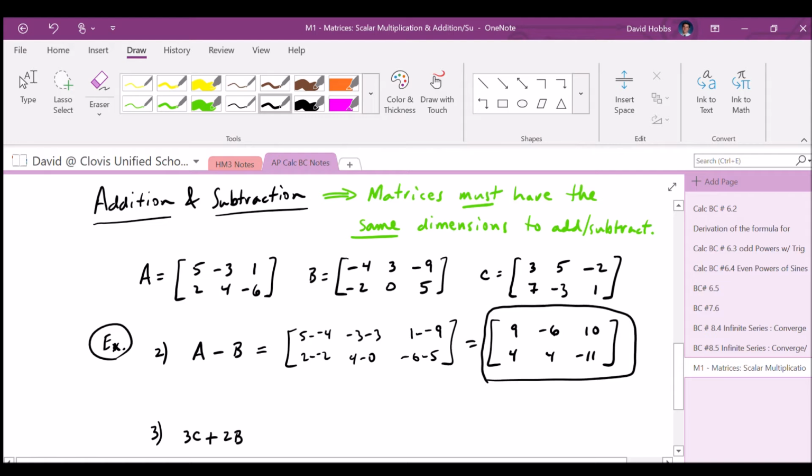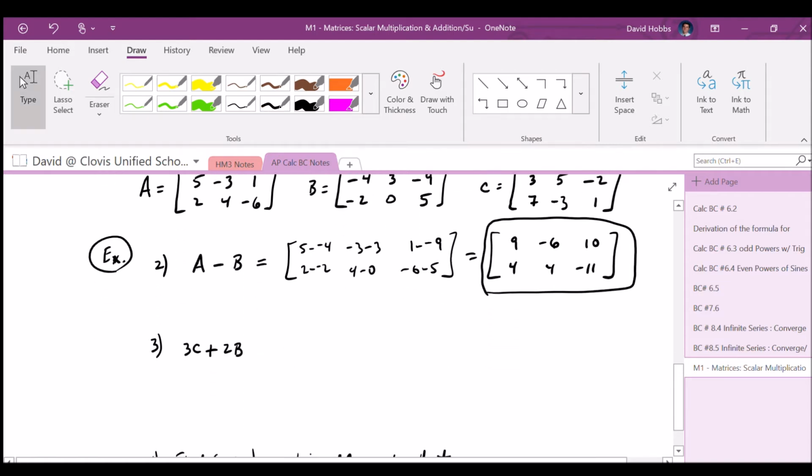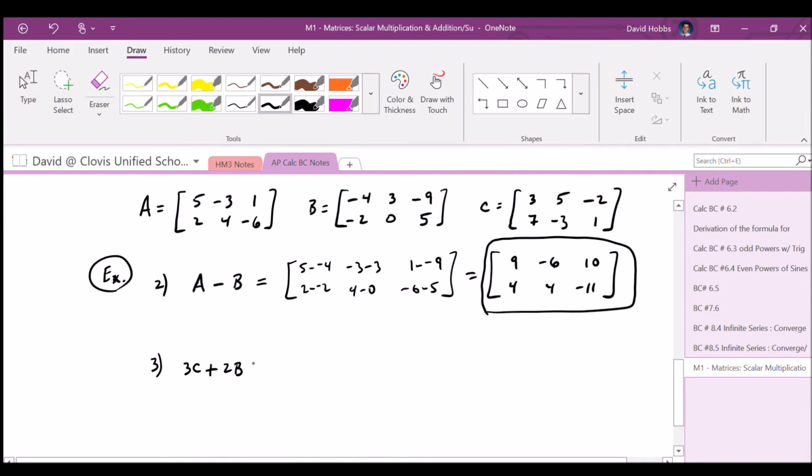Some of them you can probably do in your head, but don't try to do too much all in your head. On this one, we can actually mix scalar multiplication with addition or subtraction. So 3C plus 2B, where C and B are both 2 by 3 matrices.